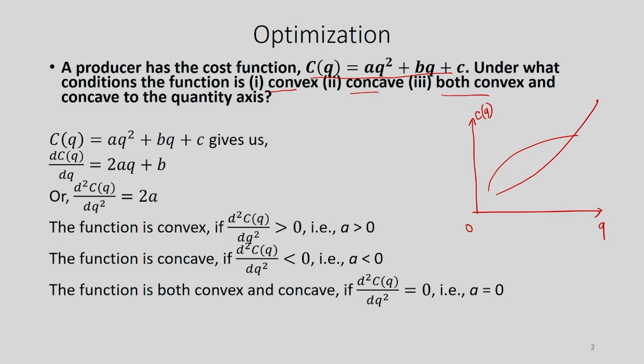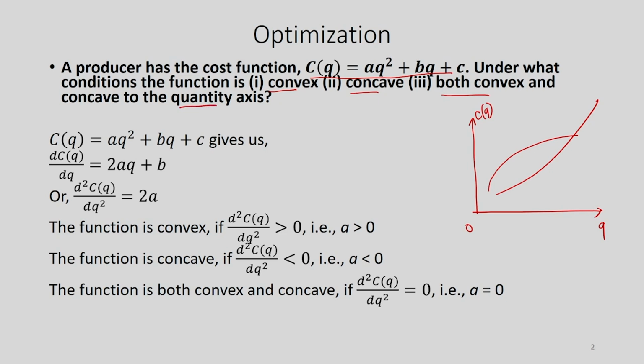In part 2, under what conditions this polynomial function represents a concave function, and in the third part, both convex and concave. So the function has to be specified as convex or concave with respect to the horizontal axis, that is the quantity axis.